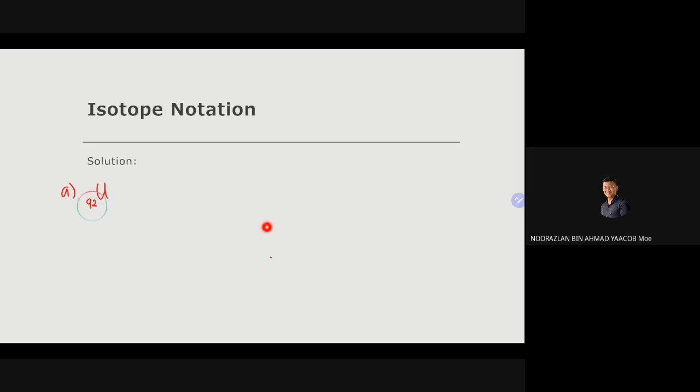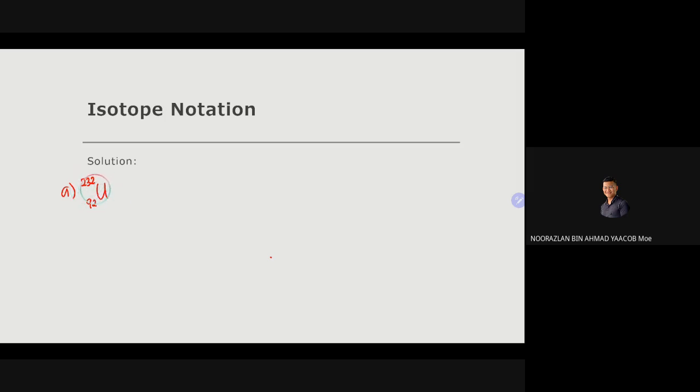Neutron number dia bagi 140. So kalau 140, kita tambahkan dia dengan proton, 140 tambah 92, we should get 232.